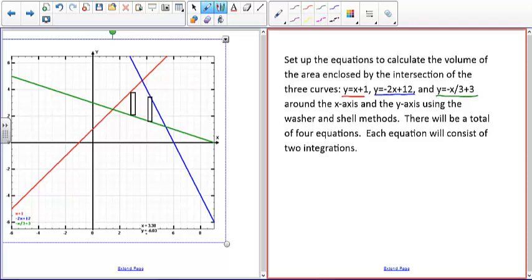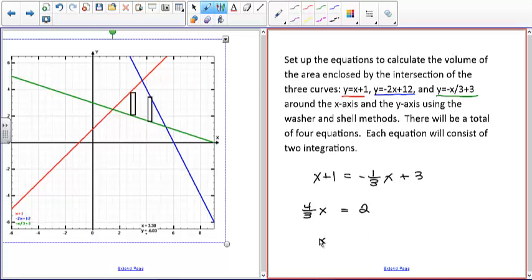Okay, so to find the intersection of the red and the green, you're going to say x plus 1 equals negative 1/3 x plus 3. That's the same as negative x over 3 plus 3. So if we add 1/3 x to both sides, we'll get 4/3 x over here. And if we subtract 1 from both sides, we'll get 2 over here.